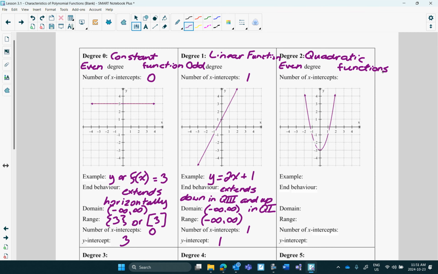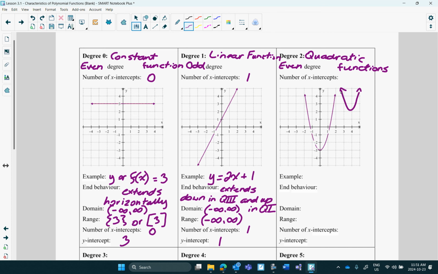This is where you've got to start thinking a little bit. How many possible x-intercepts could there be? What are the possibilities? Could I draw a parabola that has none? Yeah, I could just draw it like that.